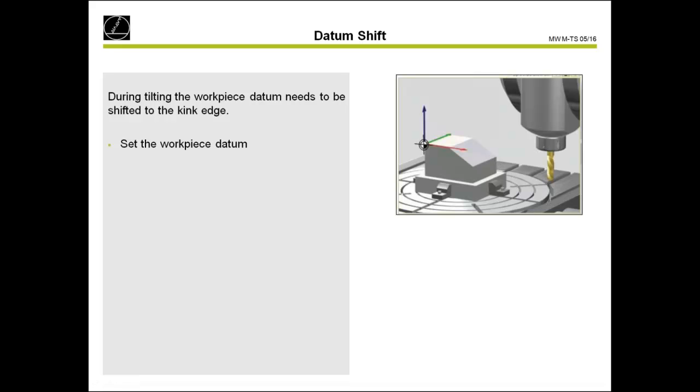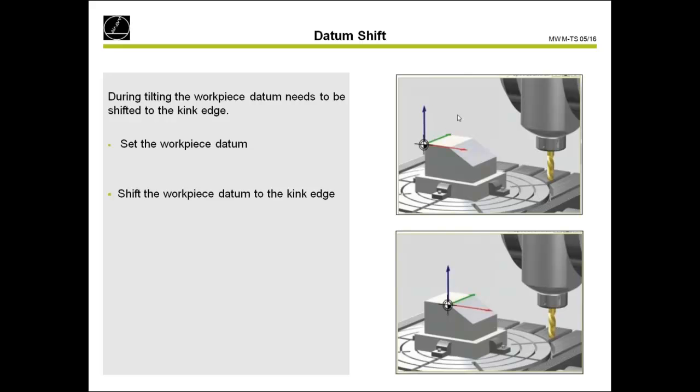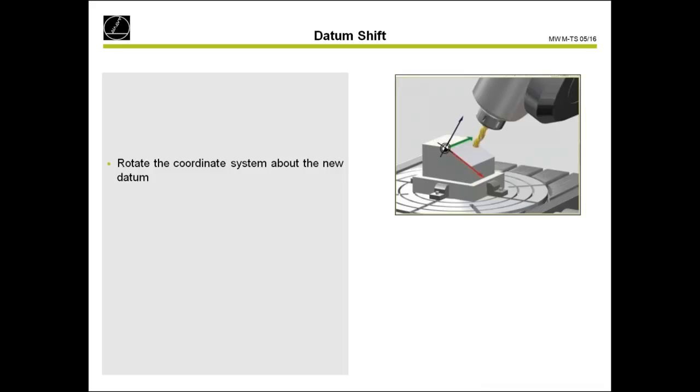When I now tilt at this position, then I need to calculate the distance between the old preset and the surface coordinate of my milling surface. To avoid calculating this, it's easier to move the datum to the beginning of the surface. So just shift the workpiece datum, then rotate the coordinate system.